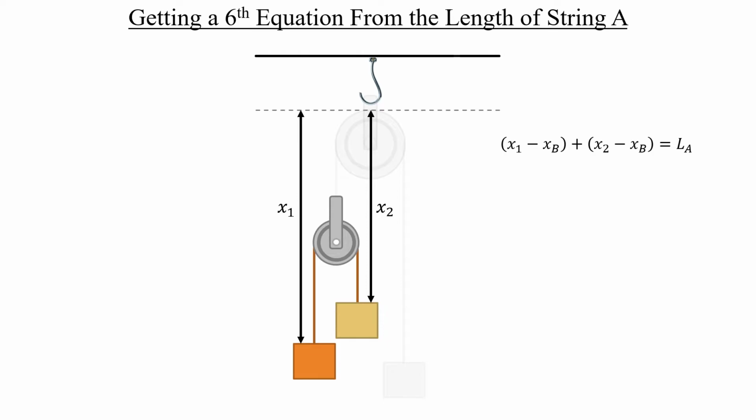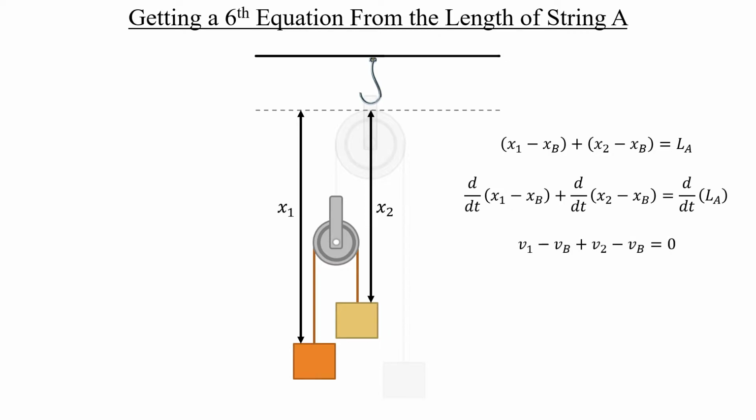With that taken care of, we can do the same process as before and take a derivative with respect to time on both sides. We'll get another velocity relation that's equal to 0 since the length of string A doesn't change in time either. There's two negative velocity terms for pulley B here, one here and one here, so let's collect them before moving forward.